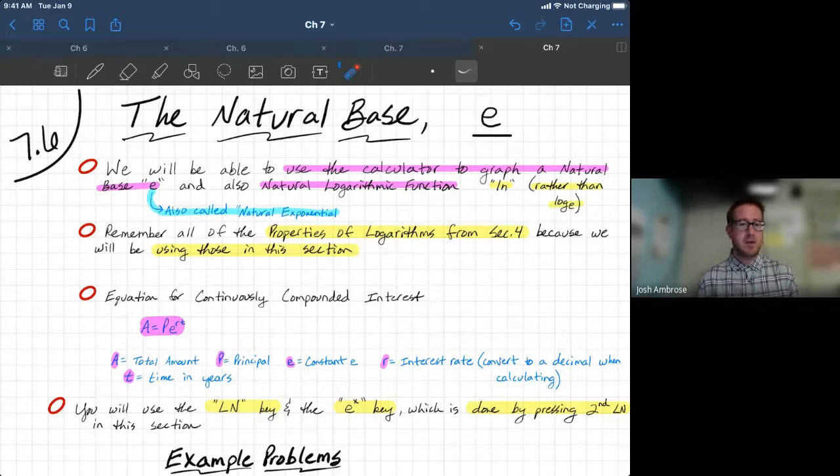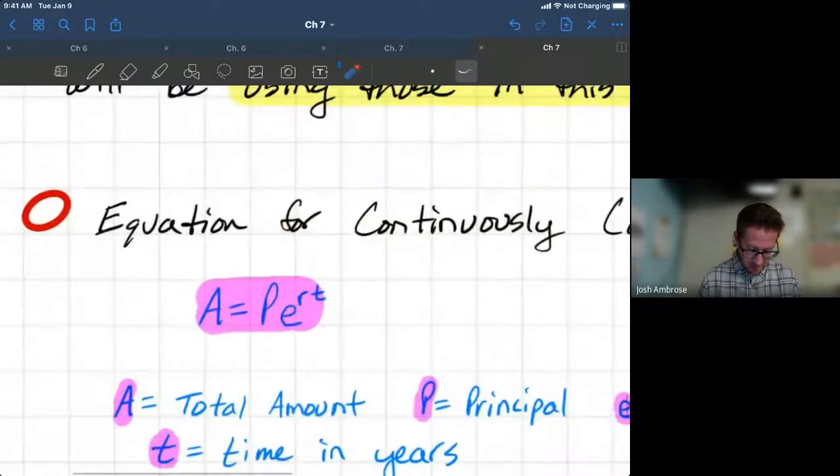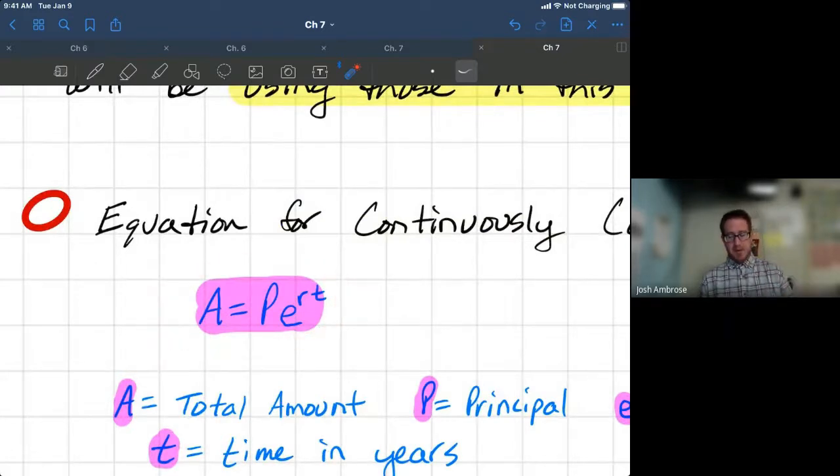We're going to do one example problem that goes with the compounded interest, and this is our equation for that. A stands for the compounded total amount. P is still your principal, the amount of money that you start with. e is a constant, like a button that you're going to be pushing. r is still your rate, but don't forget your rate has to be converted to a decimal.